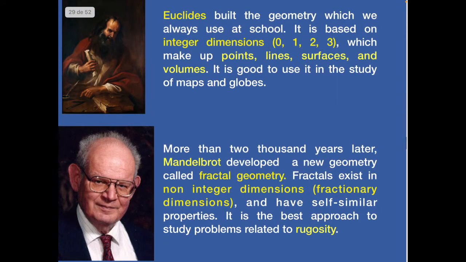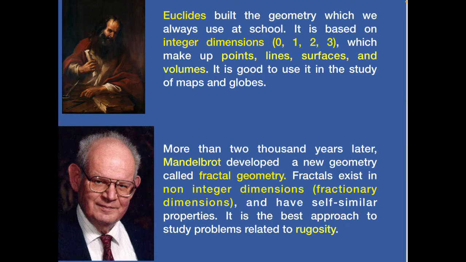If you remember, Euclides was a Greek guy that built the geometry which we always use at school. You would always see this geometry and only this geometry other than in this class of geography. And it is based on integer dimensions. So again, only the 0, which is the point, the first dimension that are lines, the second dimension that are surfaces, and the third dimension that are volumes.